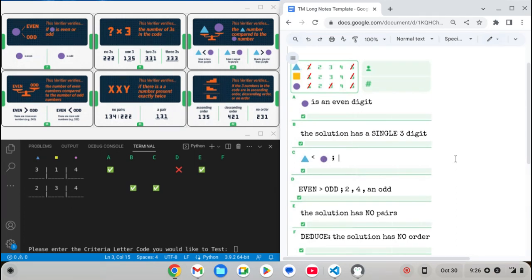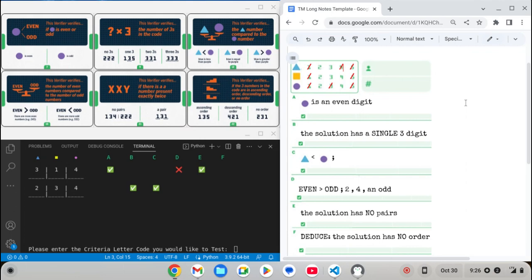So let's see, what can we do next? I think triangle can't be a 4, because that would mean that 4 is either equal to or greater than circle. So yeah, I don't think it can be a 4. So that's not a 4.